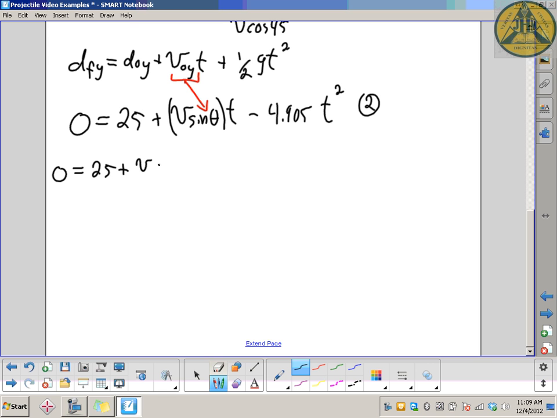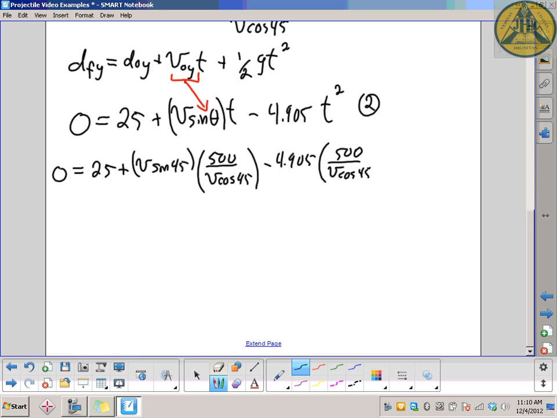So it's v sine 45, and then my t is now 500 over v cosine 45, minus 4.905 times 500 over v cos 45, all squared. One equation, one unknown.